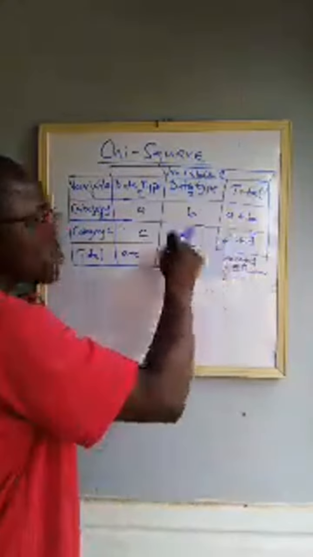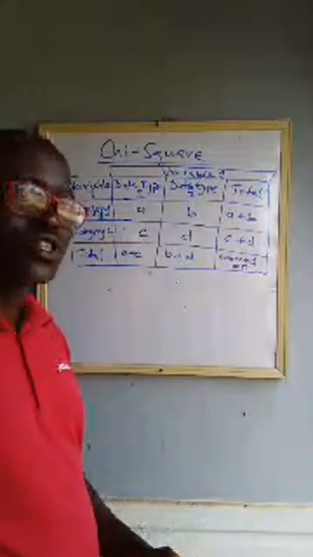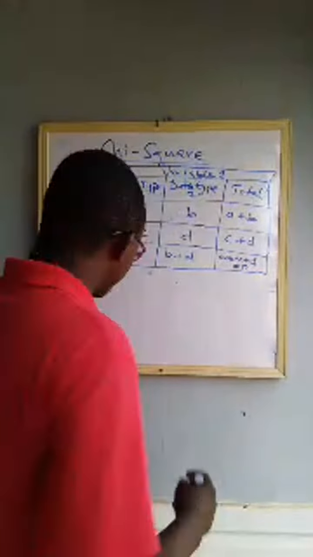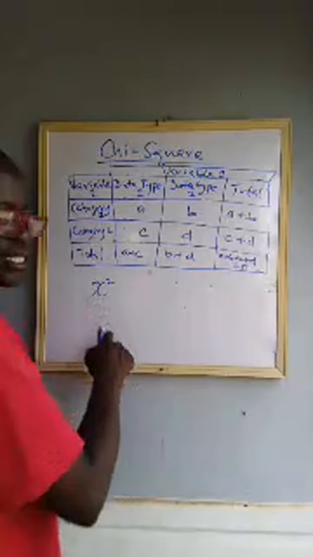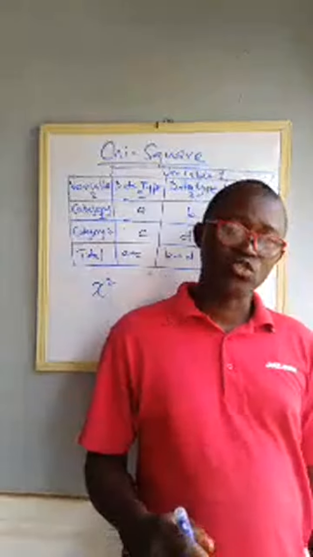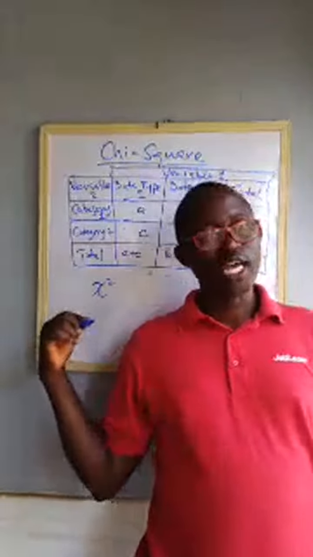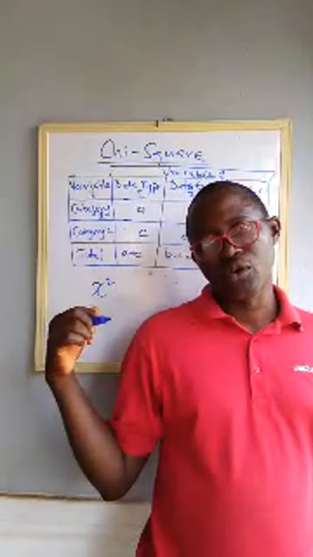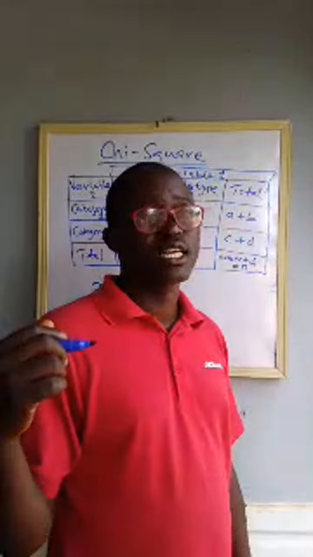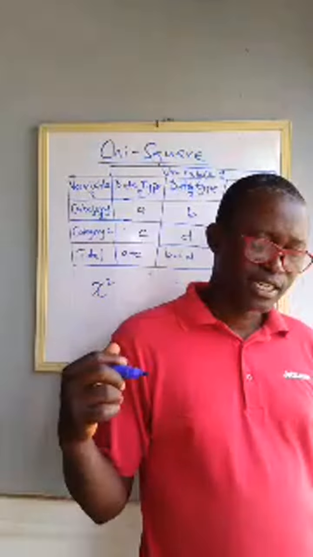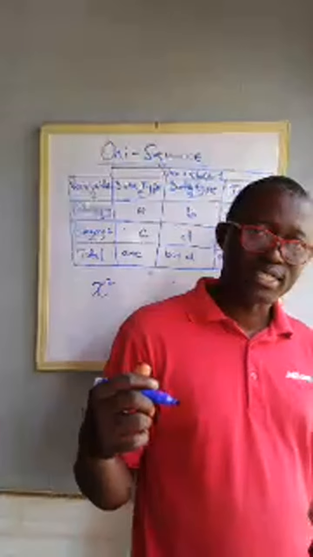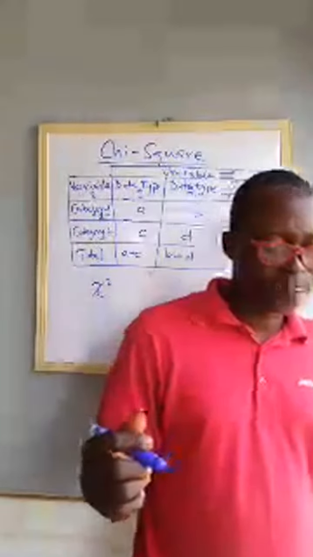Then you need those figures in the formula, and the formula is given like this. X squared represents the chi-squared. It's a symbol. It is not actually x, it's a Greek letter, but since it looks like the English letter x, we call it x squared. For you to write it, you can write it as x, okay?